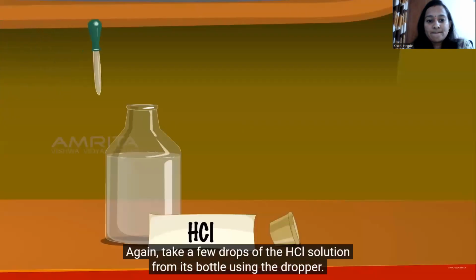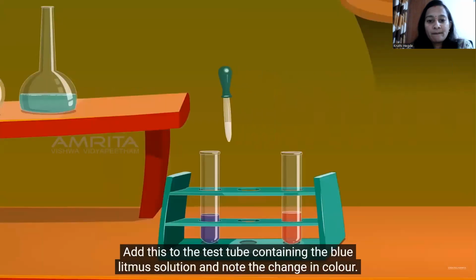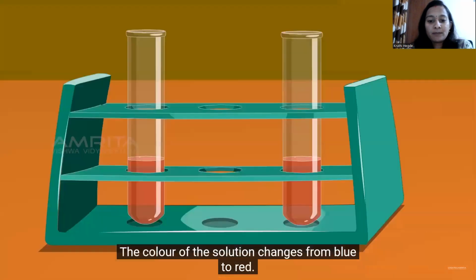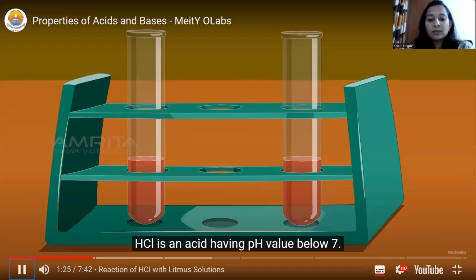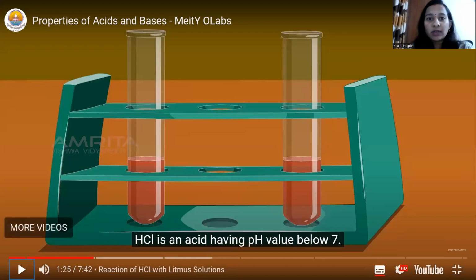Again, take a few drops of HCl solution using the dropper. Add this to the test tube containing the blue litmus solution and note the change in color. The color of the solution changes from blue to red. HCl is an acid with a pH value below 7. This concept of pH we'll discuss shortly in the coming videos.